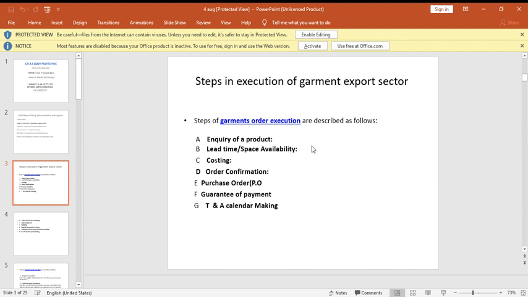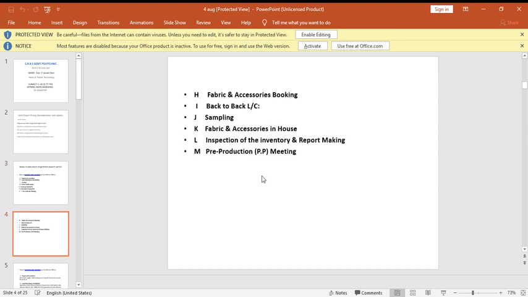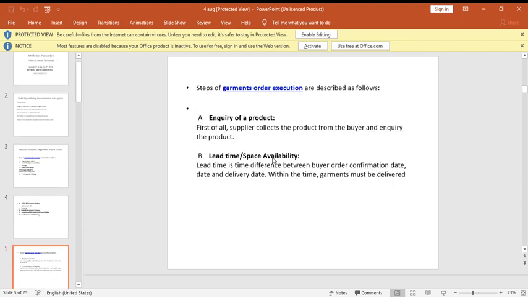In execution of the garment sector, we have to maintain all of this: inquiry product, lead time or space availability, costing, order confirmation, purchase order, guarantee of payment, TNA, that is time and action calendar making, then fabric and accessories booking, back to back L/C, sampling, fabric and accessories in-house, inspection of inventory and export, report making, and pre-production PP meeting.